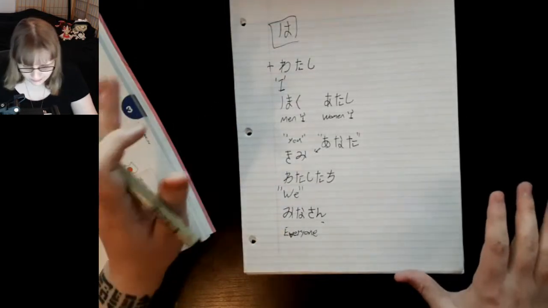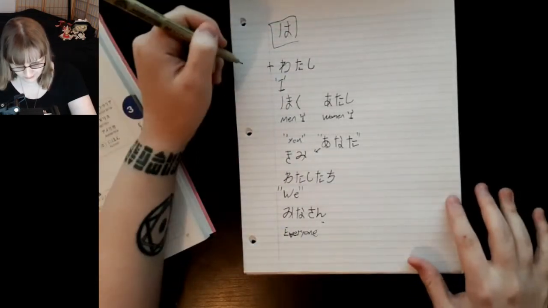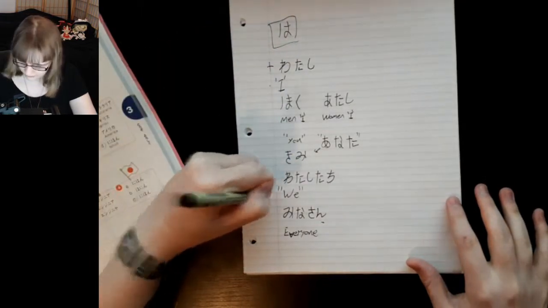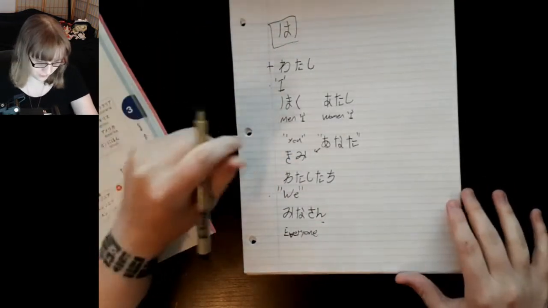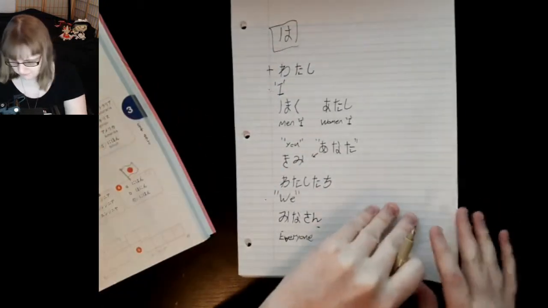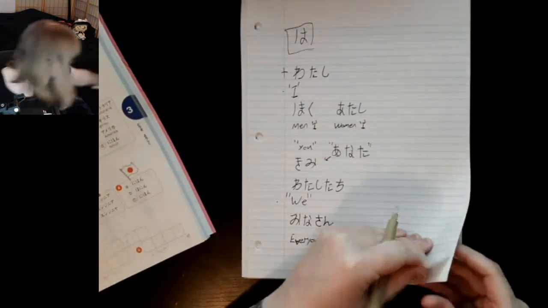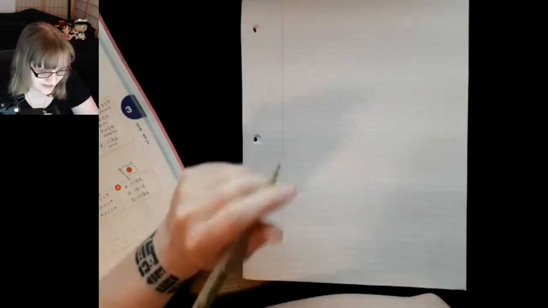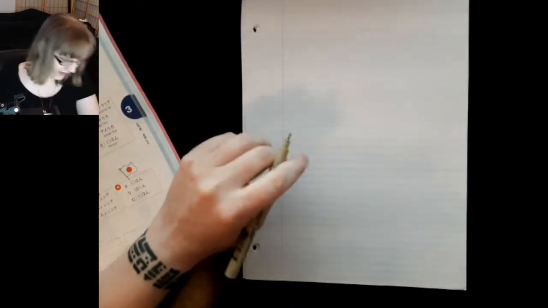Now, we've talked about how to refer to oneself and how to refer to others. So, now that we have that most basic part of grammar, we can move on. Now we're hitting the stage where we want to start forming sentences. We want to start saying, I like this, or I do that.